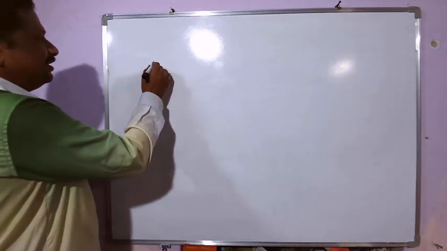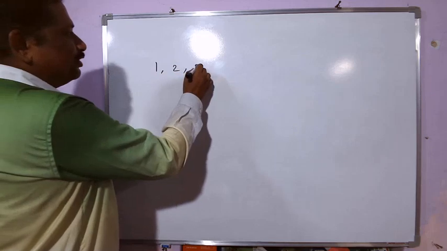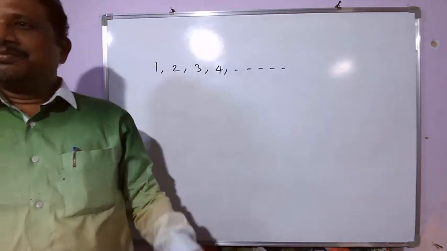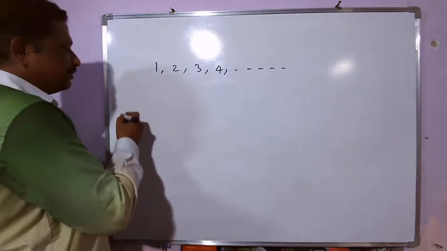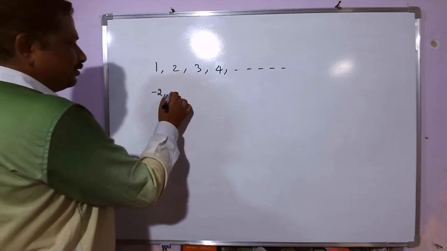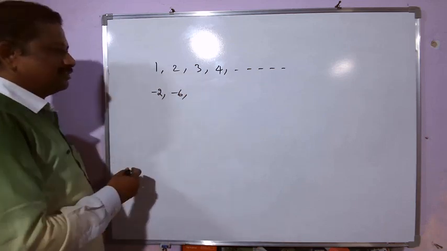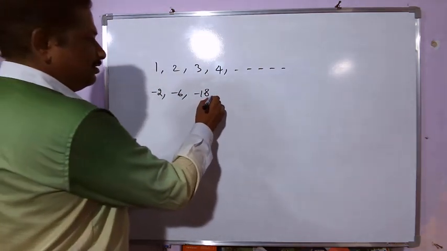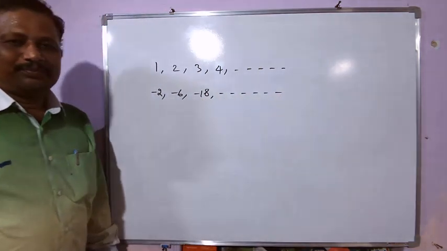So first you see 1, 2, 3, 4, and so on, up to infinity. Next one I am going to write -2, -6, -18, and so on. Okay.